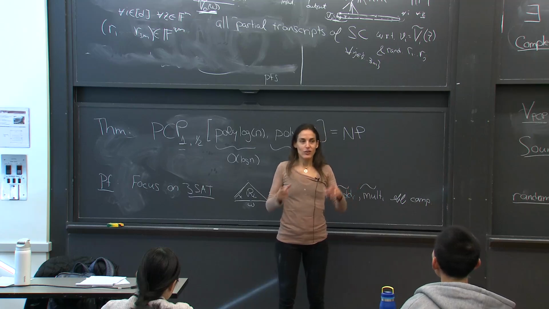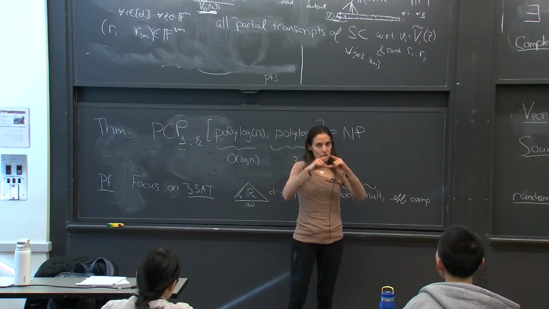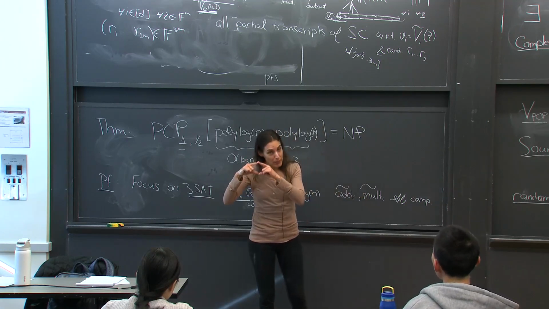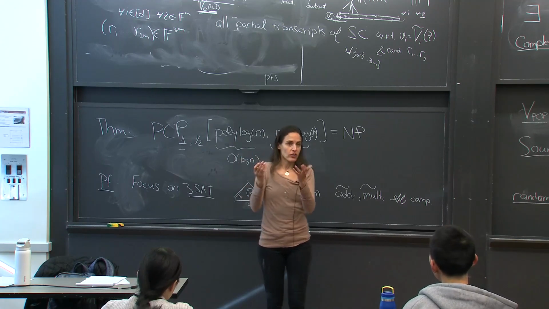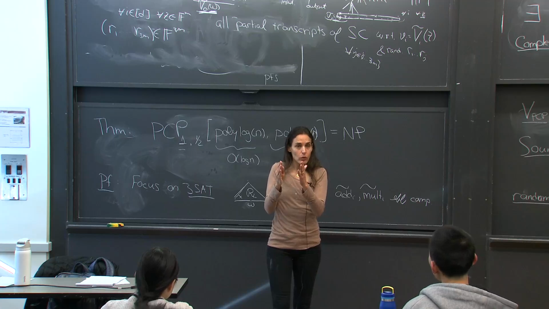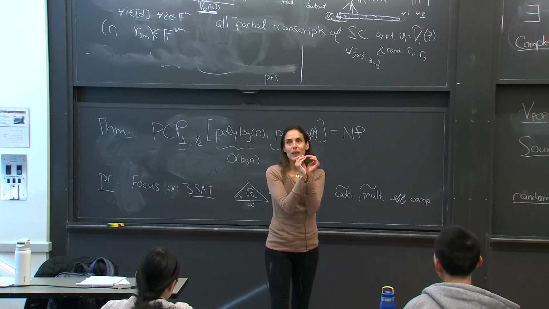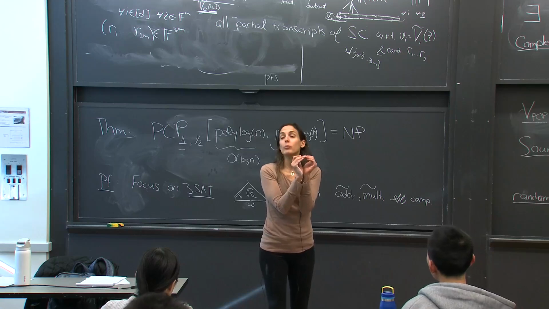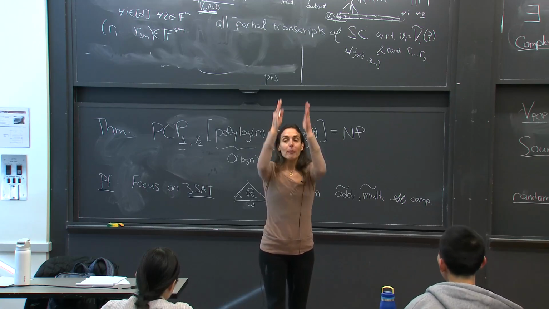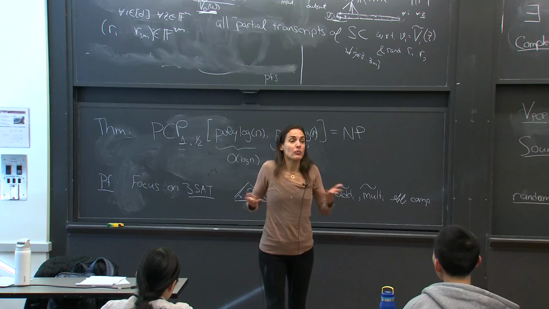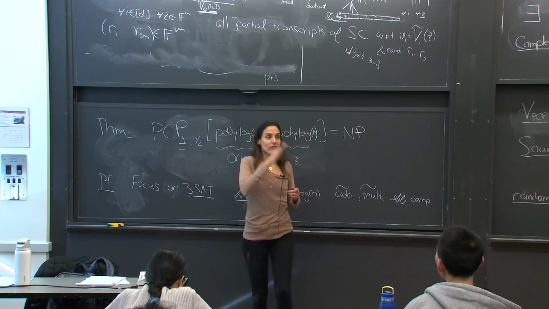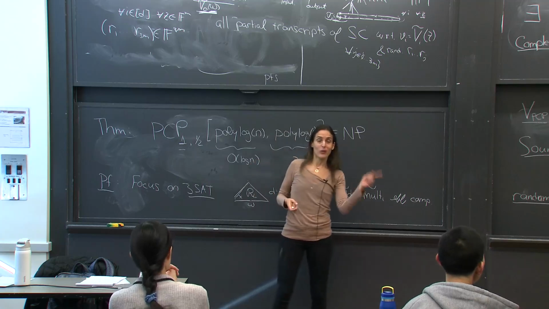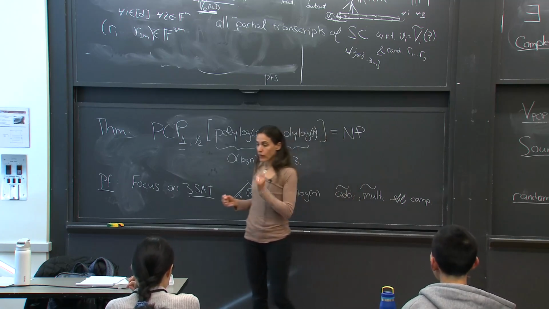If you take a bounded depth circuit and convert it to a bounded space computation, the bounded space computation will be very, very long. Even if the bounded depth circuit was only of polynomial size S, the bounded space computation can be exponential. So it doesn't respect the efficiency of the computation when you transition from bounded depth to bounded space, or vice versa.